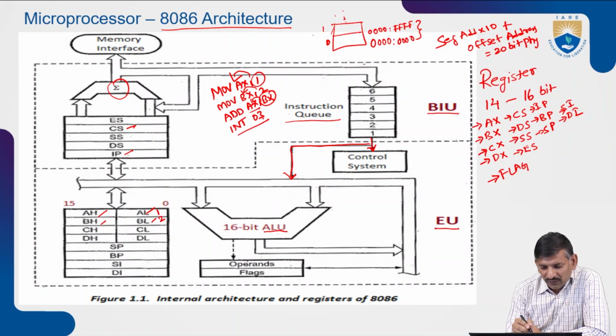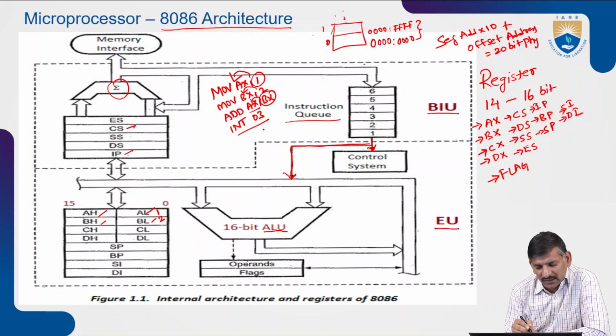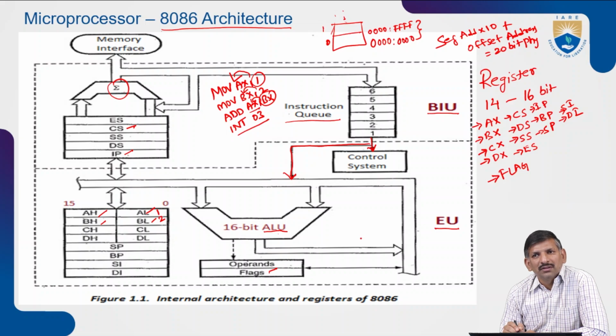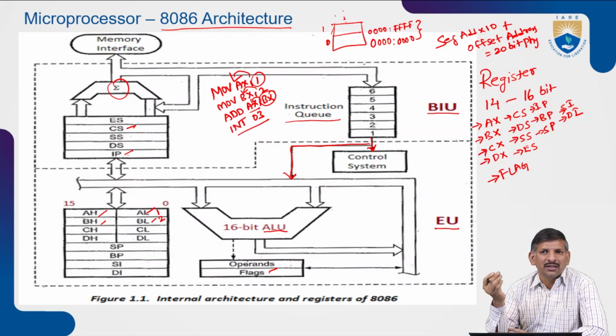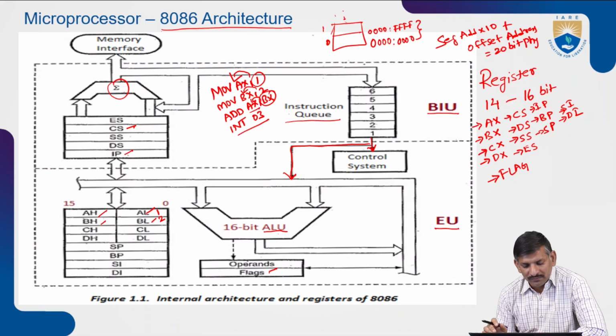After completion of the operation, based on the result, the flags will be affected. In the result, if a carry is generated, the carry flag is 1. If an auxiliary carry is generated, the auxiliary flag is 1. If the result is negative, the sign flag will be 1. By default, all flags are 0. Whenever the functionality is reflected, that value is 1.